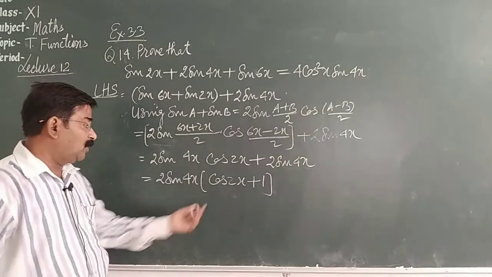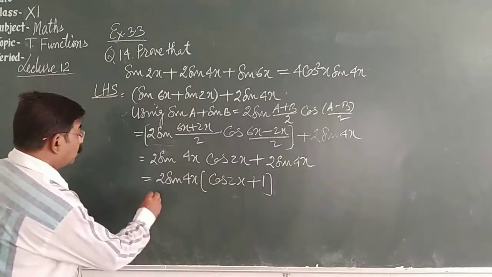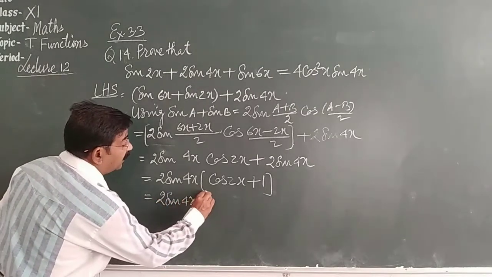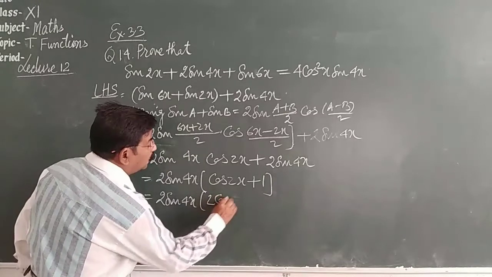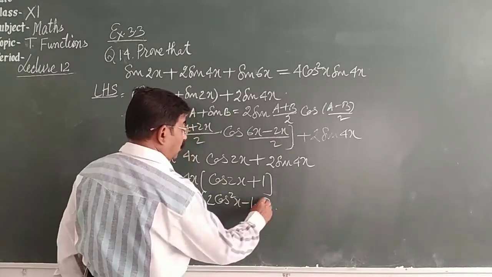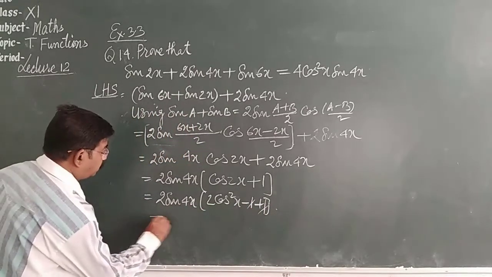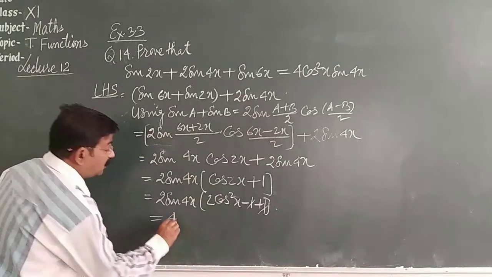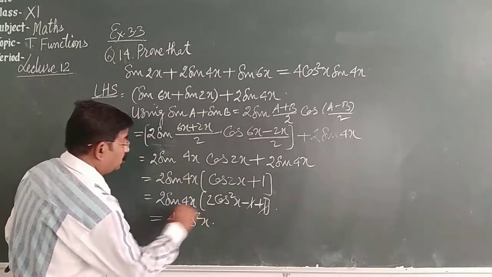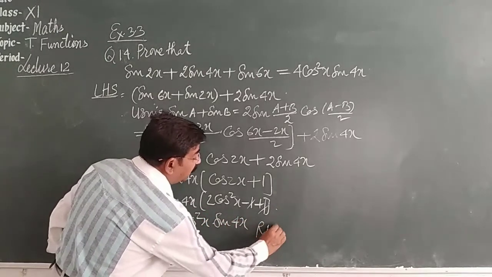So you know the formula of cos 2x. Cos 2x is 2 cos square x minus 1. So this is 2 sin 4x, and this one 2 cos square x minus 1 and plus 1 will go. So what we have? 2 2s are 4, and cos square x into sin 4x. So this was required in right hand side.